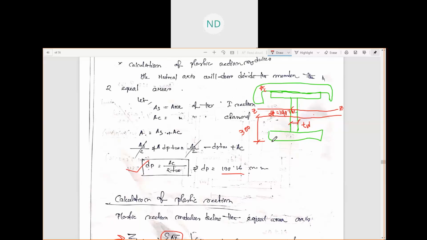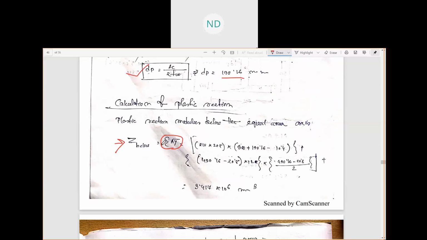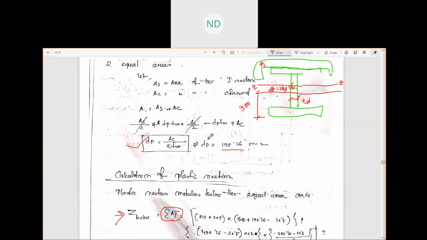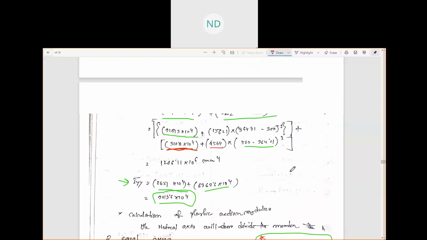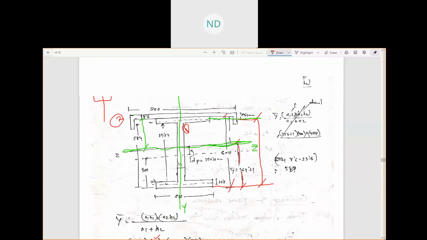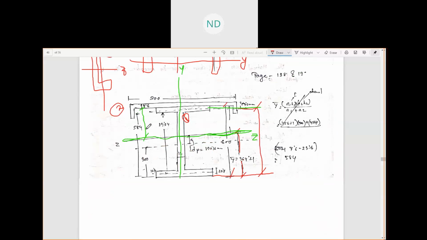So what is your summation of A y bar? You have your area here. The area of this is how much? This was 210. Here the width of the flange is 210.